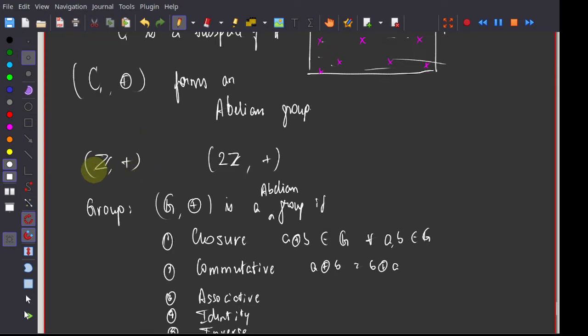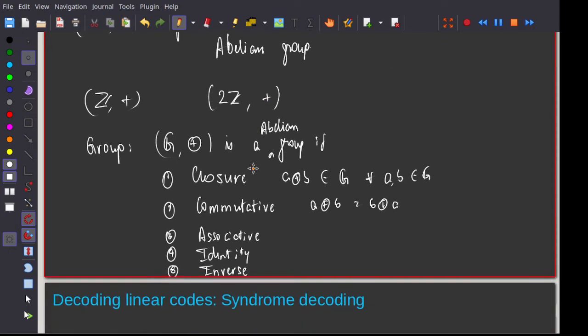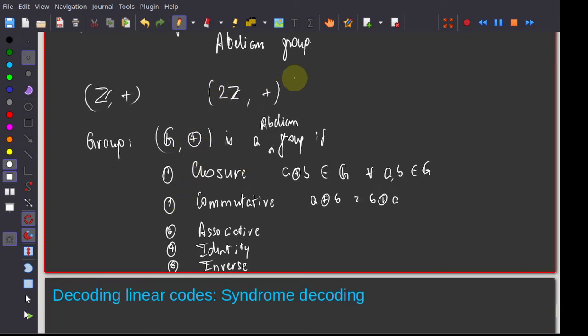So now I give you the set of integers and the set of even integers. The set of integers, you rightly said, is a group, because it satisfies all of these properties. What about the set of even integers? Is this a group? Is it closed under addition?